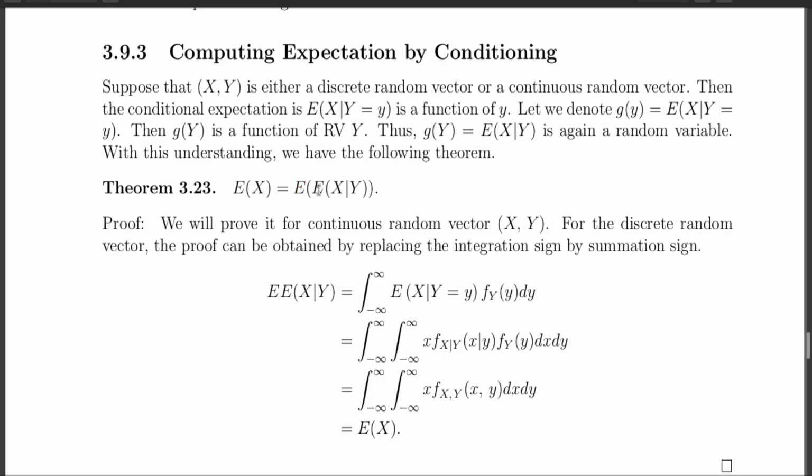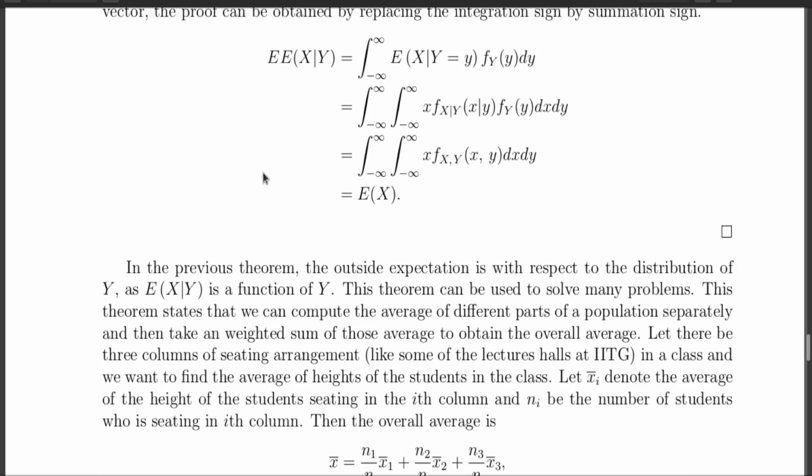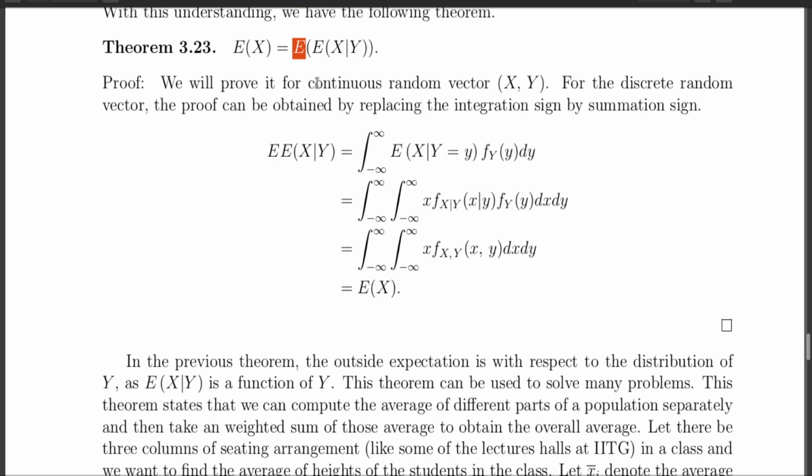So the expectation of X can be written as two expectations. The inside expectation is the conditional expectation, with respect to the conditional distribution of X given Y, and the outside expectation is the marginal expectation with respect to the marginal distribution of Y. I will come to the proof, but before the proof, let us take an intuitive idea of what this theorem is.